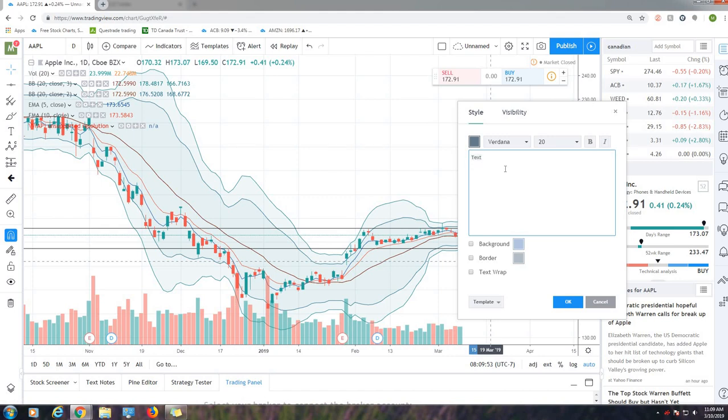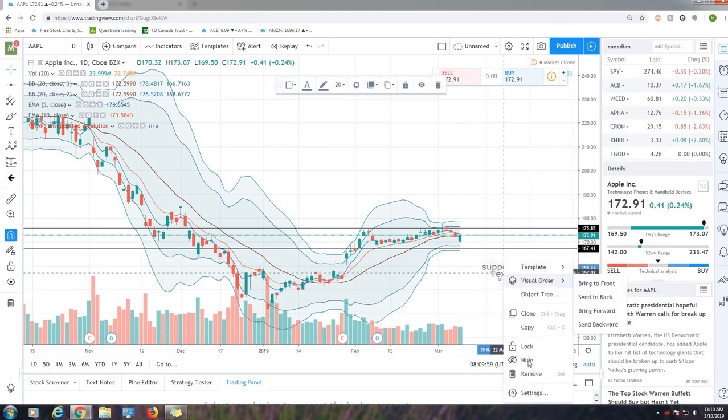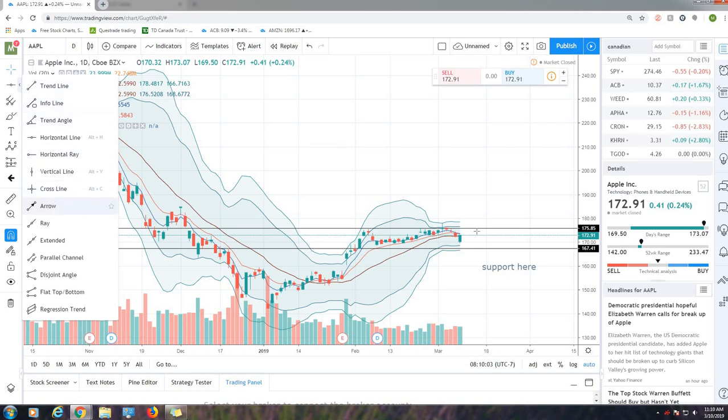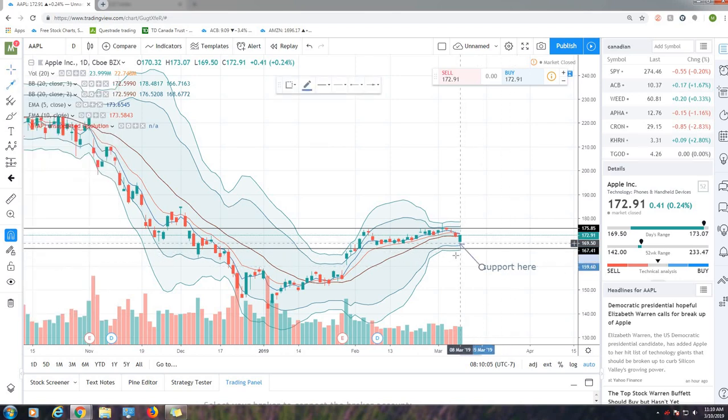So yeah, then you click on it and add in whatever you want, like support here. Delete this one because I put that in by accident. And then there's an arrow function here, so we can draw like that. Sometimes with the magnet, when you're drawing circles and that kind of thing, it's really irritating, so you might want to click that off.